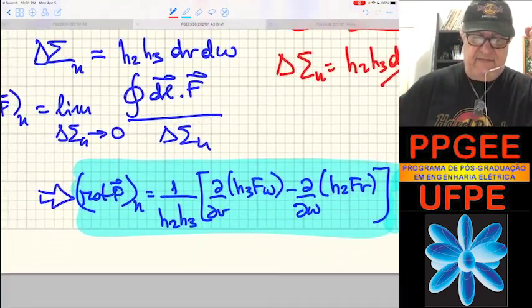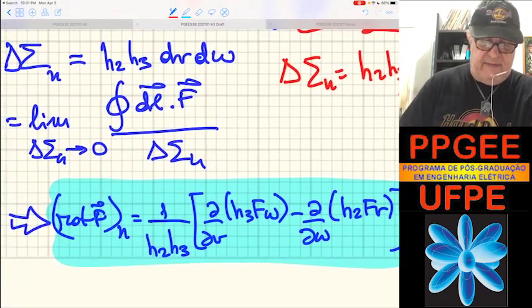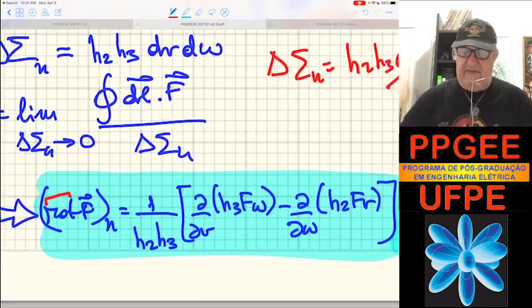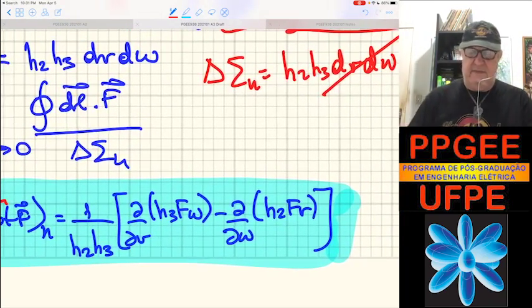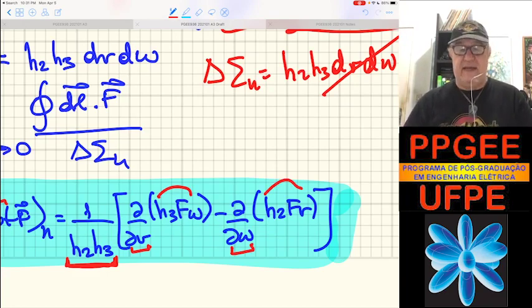So you're going to have the curl of F in the U direction, which we denote by rotational, curl of F, which is this combination of derivatives with H2 H3 in the denominator, d/dV of the third combination, d/dW of the second combination.